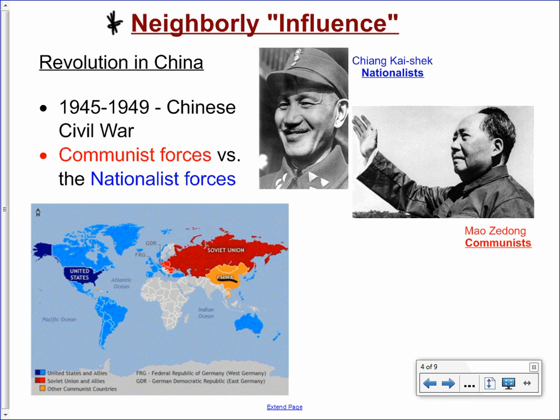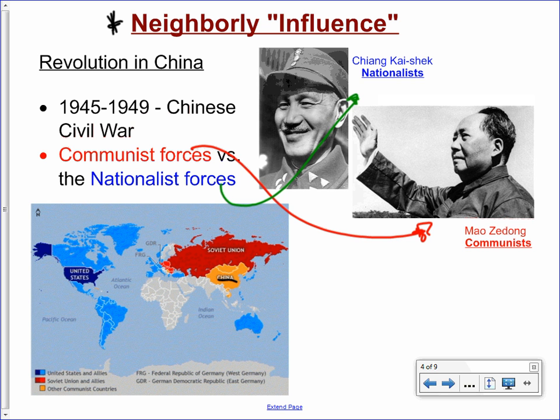And then that mindset is going to find its way spreading into Korea, right? So the communist forces are going to be led by Mao Zedong, who was the leader of the Communist Party in China, and the nationalist forces are going to be led by General Chiang Kai-shek.